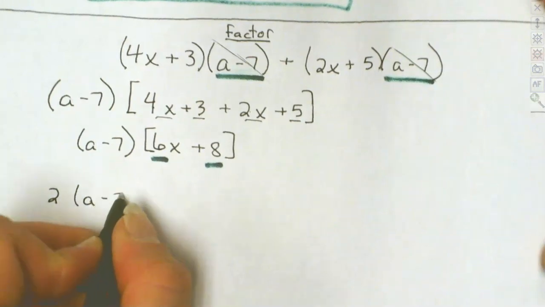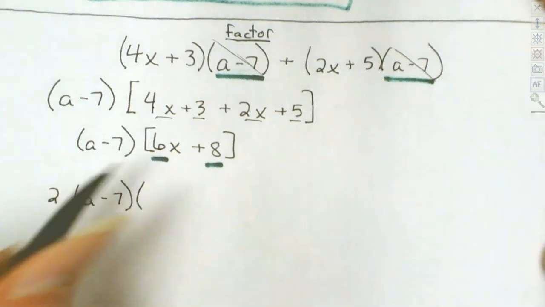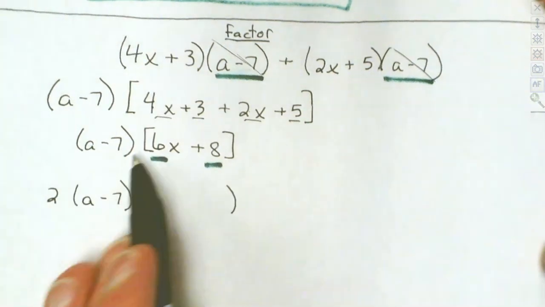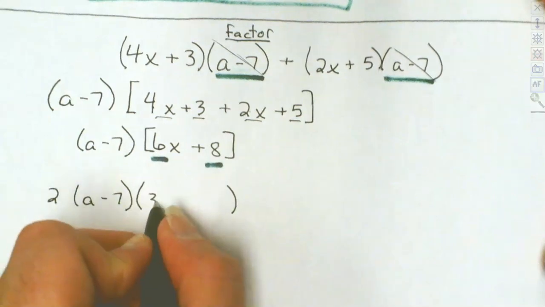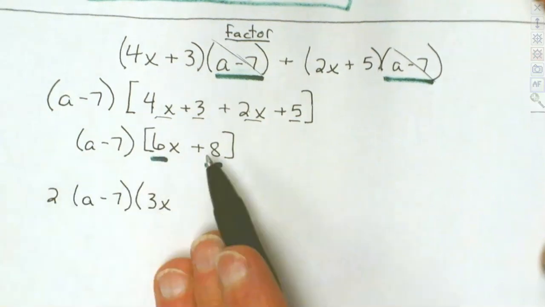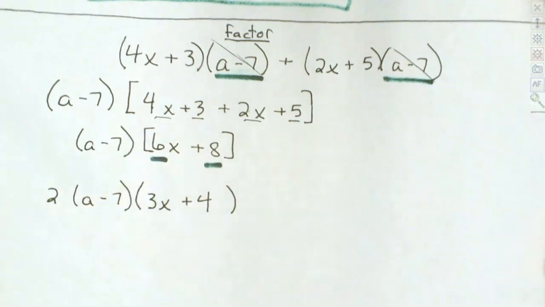And that leaves me with, still, a minus 7. And now that we've gotten everything factored out, we can use our parentheses. We factored that 2 out. 6 divided by 2 makes it a 3x. 8 divided by 2 makes it a 4.